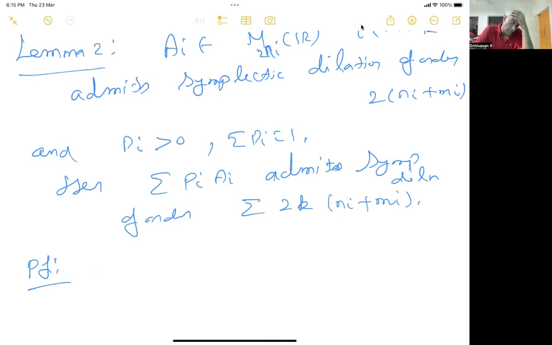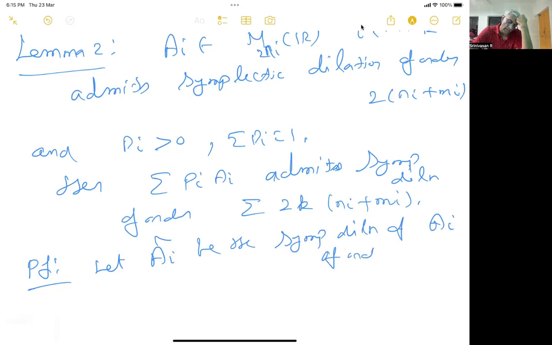Okay, the proof. Let us take the dilation first. Let A tilde be the symplectic dilation of AI of order 2ni plus mi.